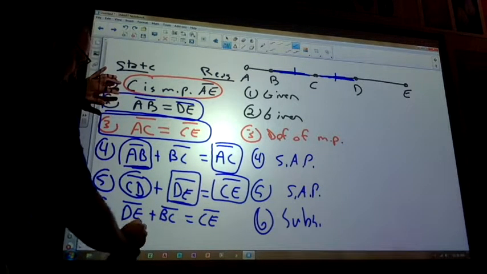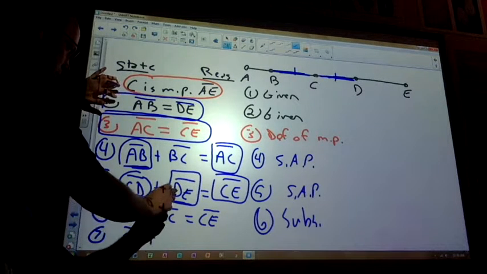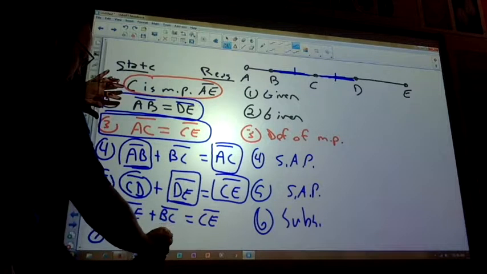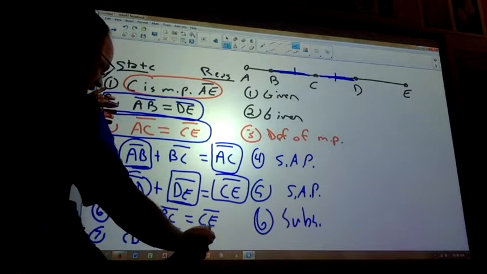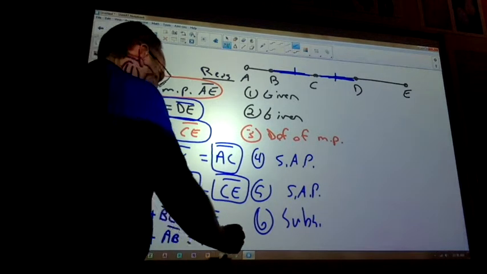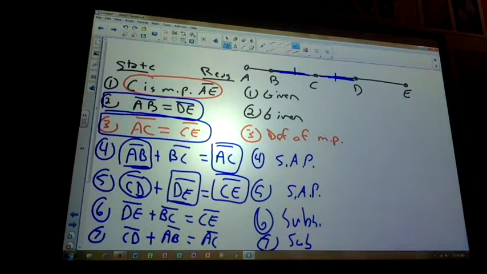So I have CD plus DE, AB equals, hang on, AC. Can I do that? And that's again substitution. Then BC and CD. Got that there.